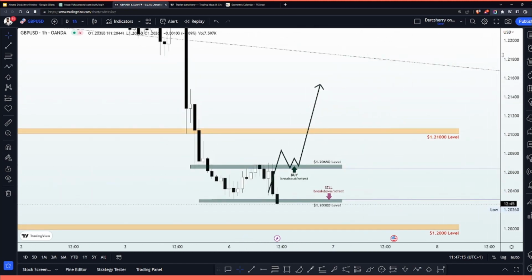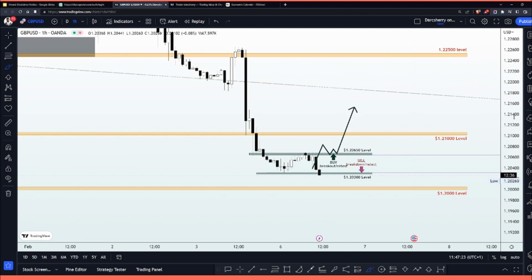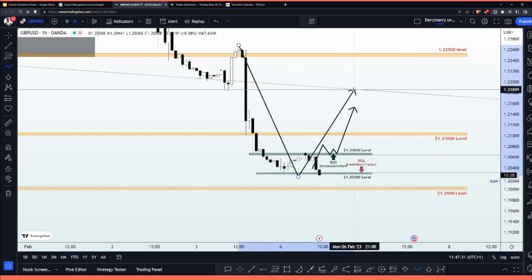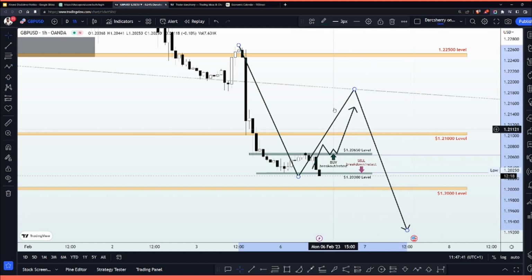And at this point, that breakout of the 1.20650 level will be considered as a counter trend opportunity, which might evolve into a retracement of that previous impulse leg that we have here, retracement into probably our golden zone area. It could be the 50%, 61.8%, or the 78.6% of the previous impulse leg to incite another wave of bearish momentum.